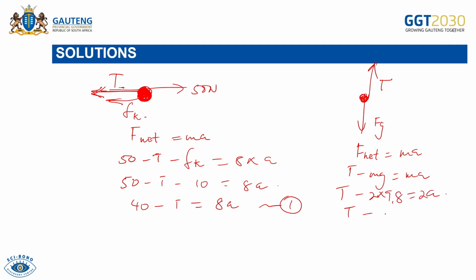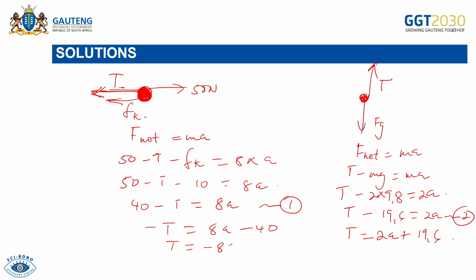So T minus 19.6 equals 2a. That is equation number 2. So I can make T the subject of the formula. T here equals 2a plus 19.6. Here it's going to be negative T equals 8a minus 40, which is the same as T equals negative 8a plus 40.